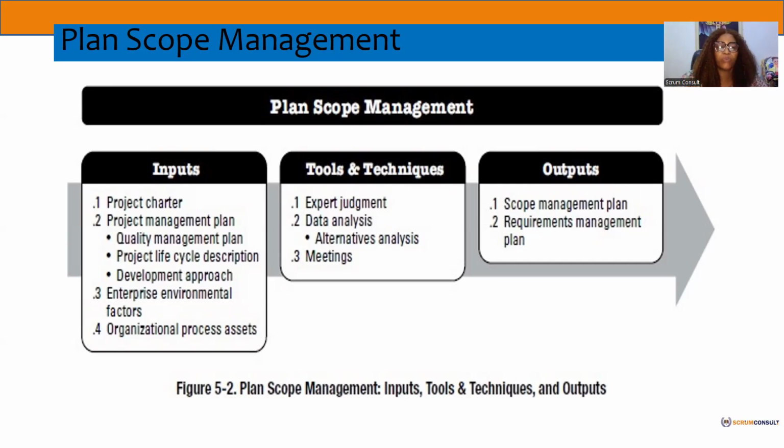So you want to come in with your quality plan, your project lifecycle description, and your different approaches, depending on the features or the scope or what you are creating. What are we going to be using? Is this going to be agile? Are we using traditional? Are we using hybrid? Is it data? Should we be using lean? Should we be using Six Sigma and the rest? So you want to know all that, okay?